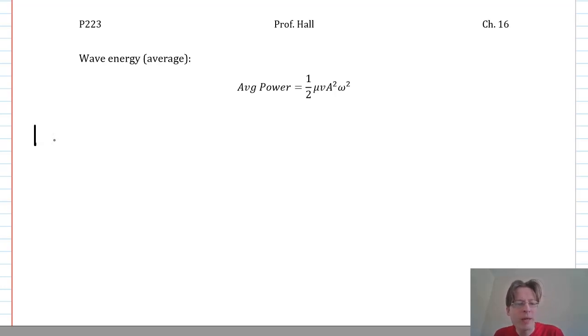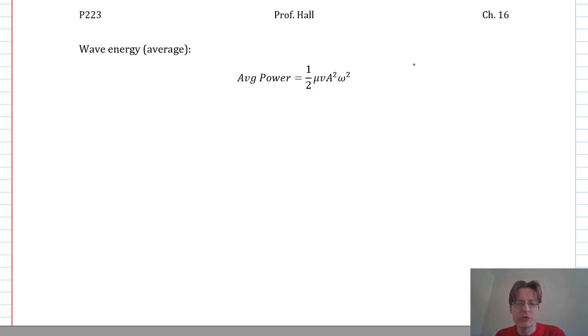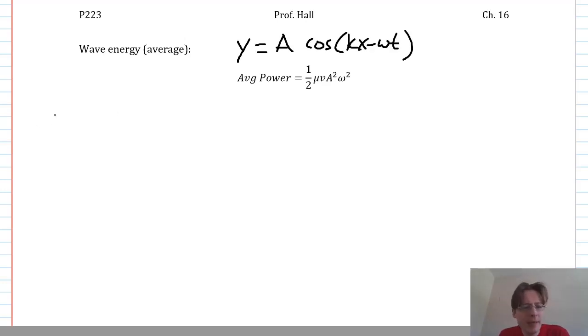We're talking about a sinusoidal wave, so we have y is equal to A, let's say it's cos(kx minus omega t), a right moving wave. Okay, so I'm going to look at first the kinetic energy density. Joules per meter of kinetic energy.